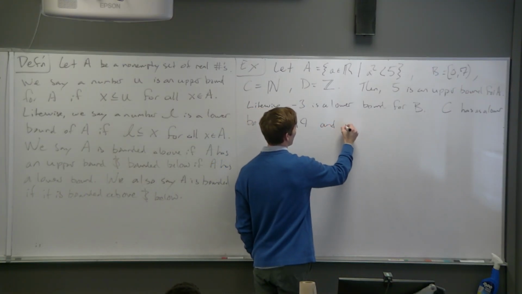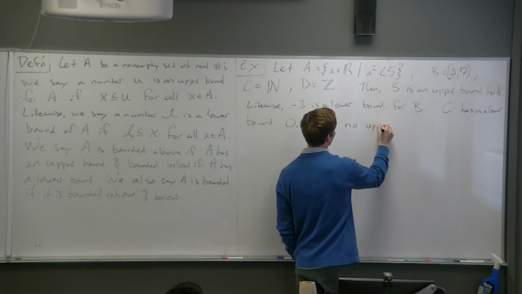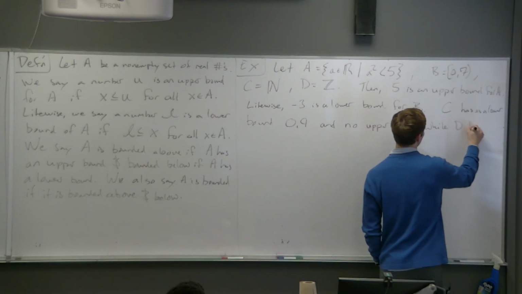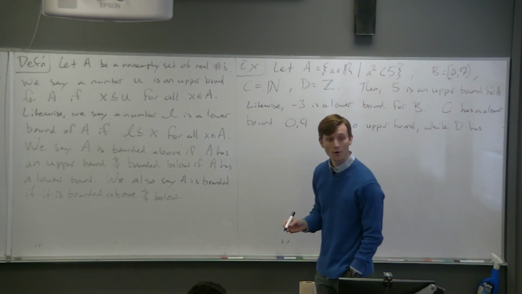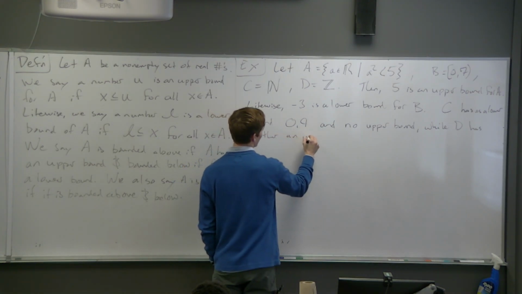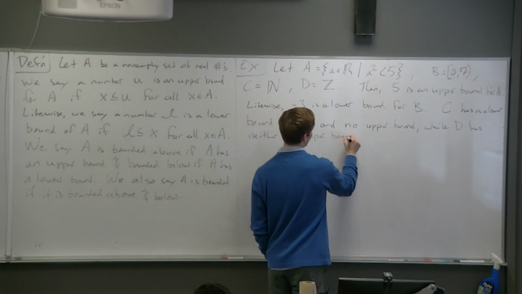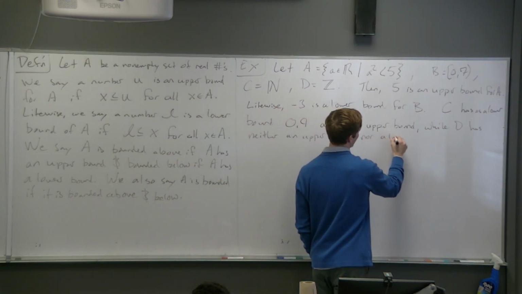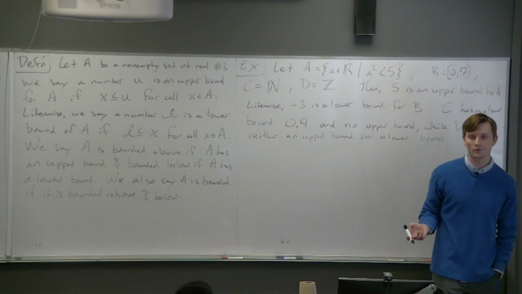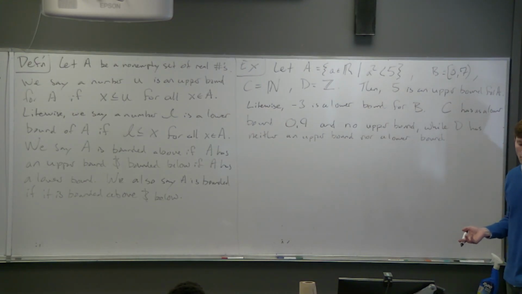And no upper bound, while D has neither an upper bound nor a lower bound. Okay, so no upper bound, no lower bound, reasonable.